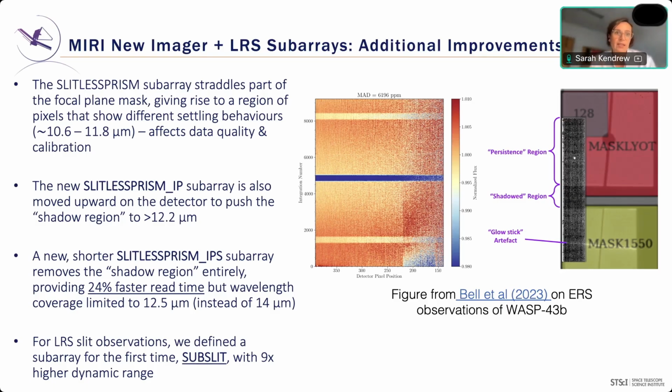So I think particularly for LRS, both the time series and regular LRS slit observations, with these new subarrays, we are creating quite a lot of new opportunities and improvements in the data quality for cycle 6 science and beyond.